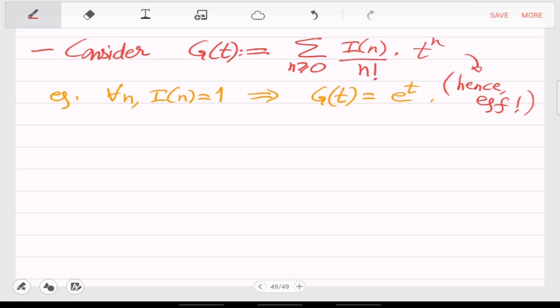Maybe I should call this something else. It's theta. So what you do now is differentiate this. So d by dt of theta t is what?